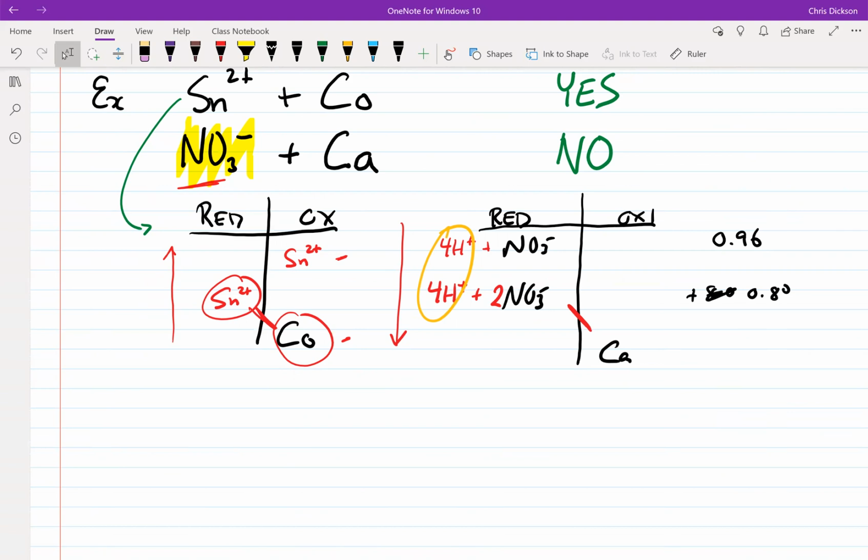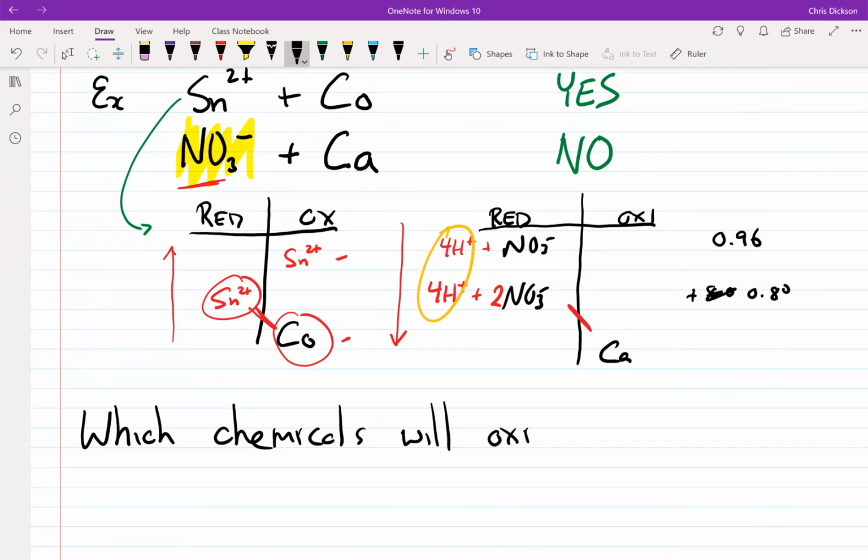So let's say you had a list of chemicals. Which chemicals will oxidize, let's say cobalt, because we know where that is now. So the same cobalt here. Which of the following chemicals will oxidize cobalt?